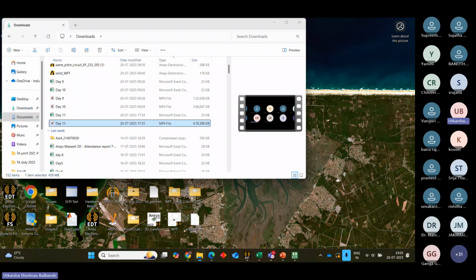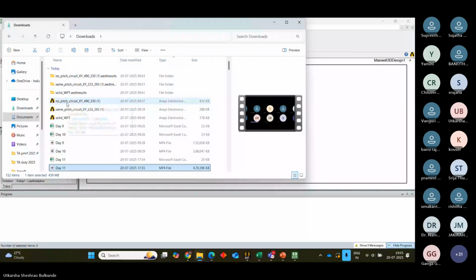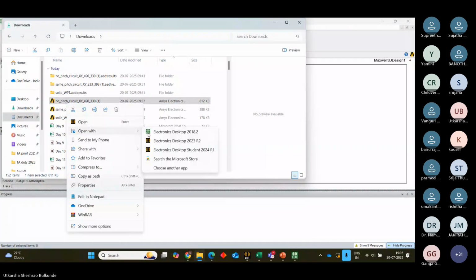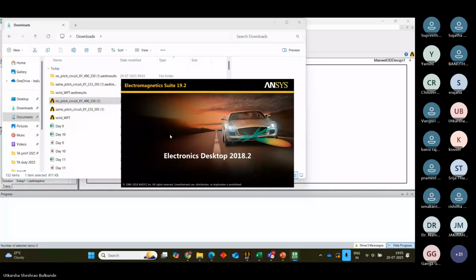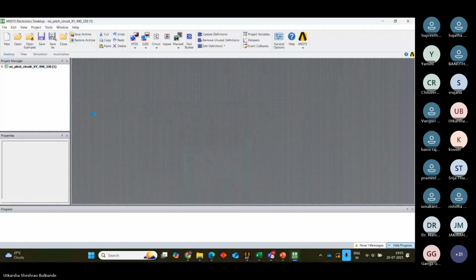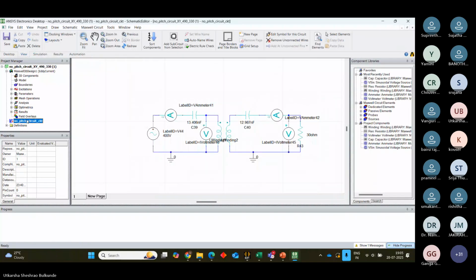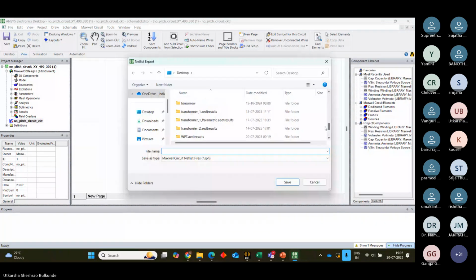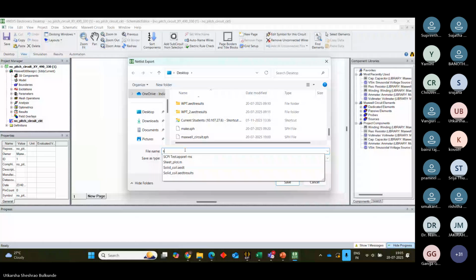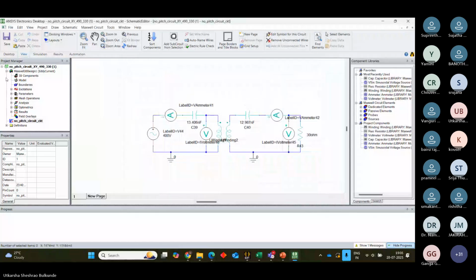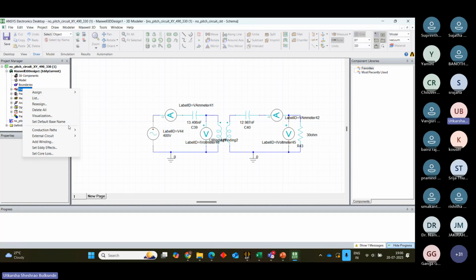We will check for that. This is the same circuit. We will analyze on this circuit.